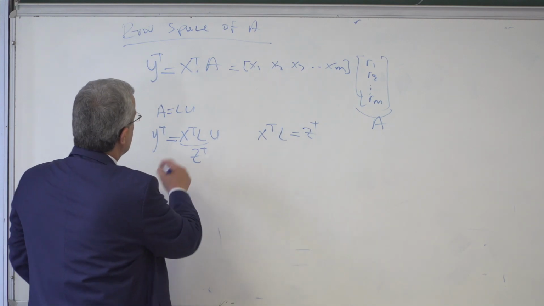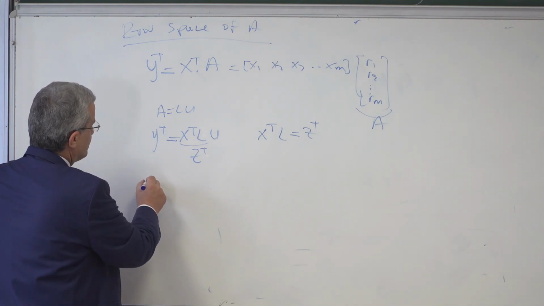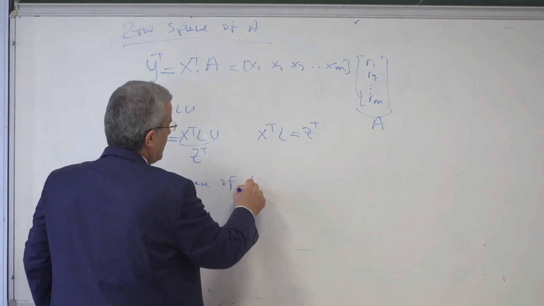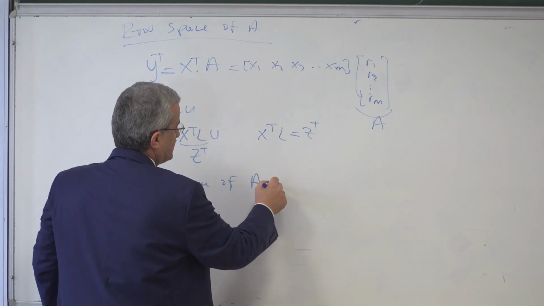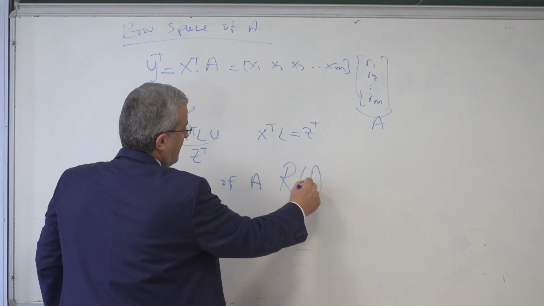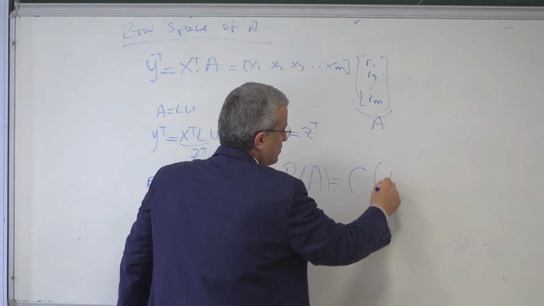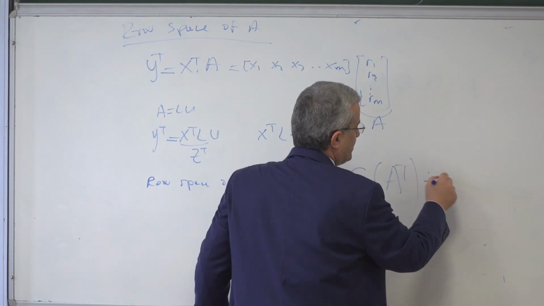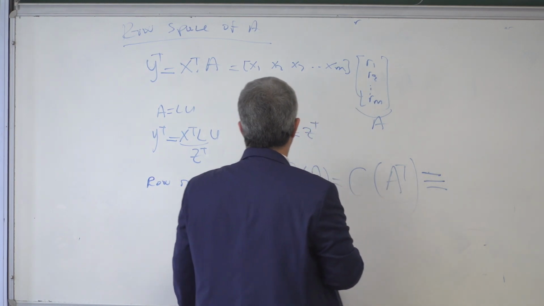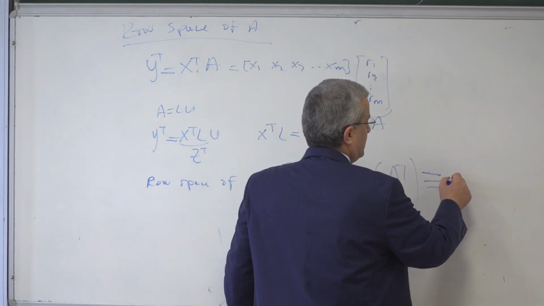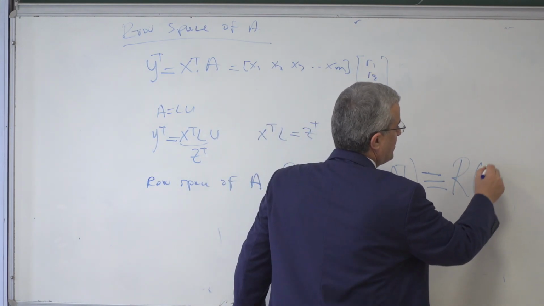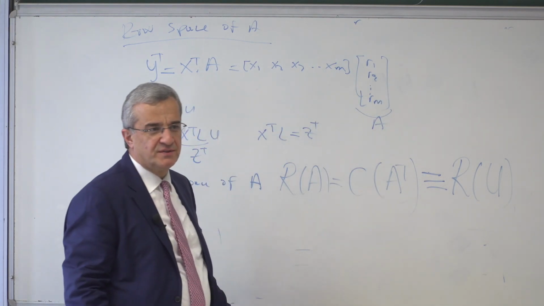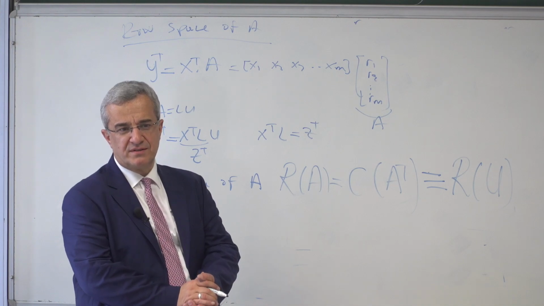Since there is a one-to-one correspondence, therefore, row space of A, which is R(A), which is equal to column space of A transpose, is equivalent to, not equal, equivalent to, row space of U, okay? That's it.